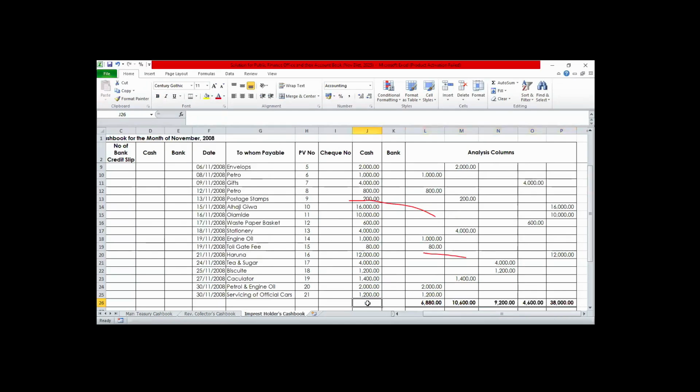We also look for the total of the cash column here. And that total must also be equal to the sum of what we have there. Let's confirm.